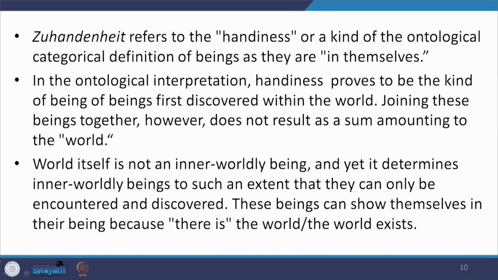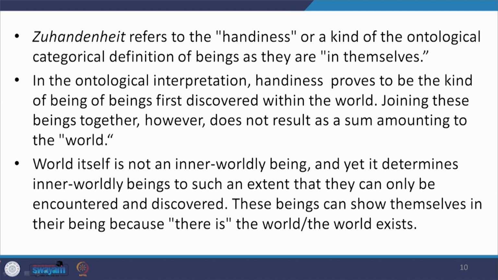Now, Heidegger uses a term, Zuhandenheit. Zuhandenheit refers to the handiness or a kind of ontological, categorical definition of beings as they are in themselves. In the ontological interpretation, handiness proves to be the kind of being of beings that is first discovered within the world.